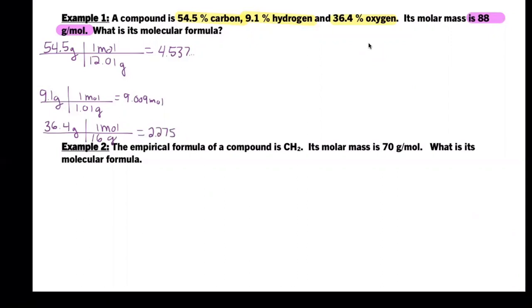Looking to find our smallest here, we would see that it is in fact oxygen. So I'm going to go ahead and divide all of these by this ratio. So here I get 1. For the hydrogen, I get 4.